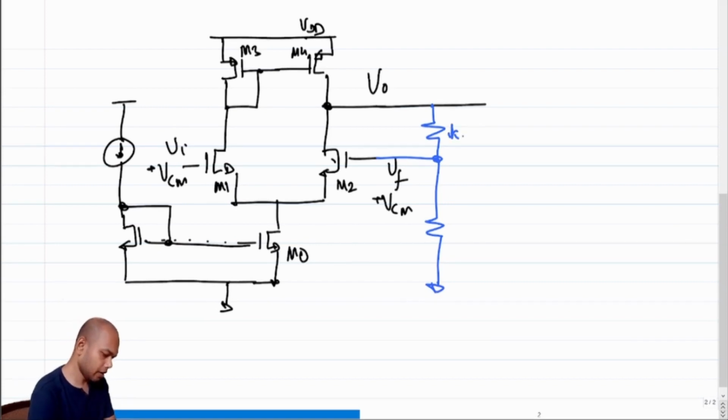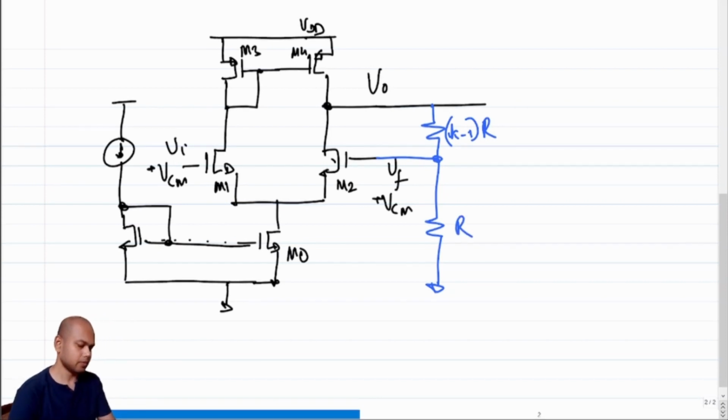This is K minus 1 R, this is R, right? So Vf is V naught over K, and the feedback loop is closed.